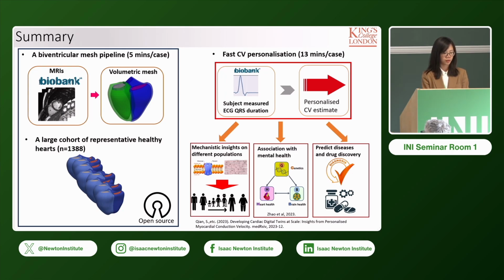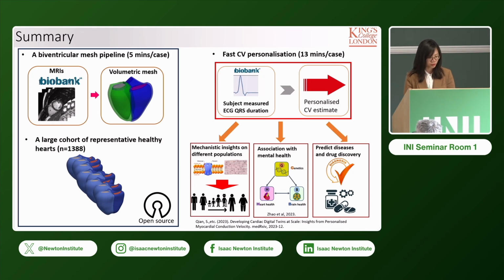We have made three main contributions here. The first is that we have built a fully automated biventricular mesh generation pipeline that is very efficient. And we also made a large cohort of representative healthy hearts that are available for the general scientific community to use, and they will all be made open source quite soon.